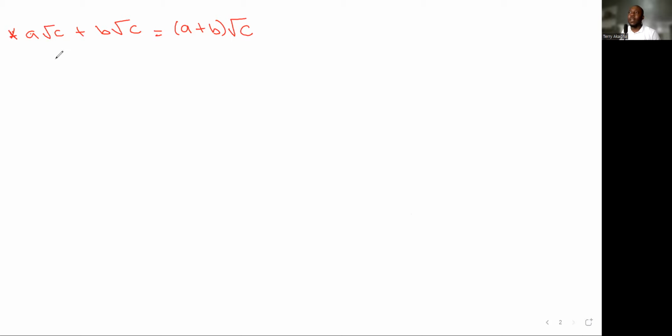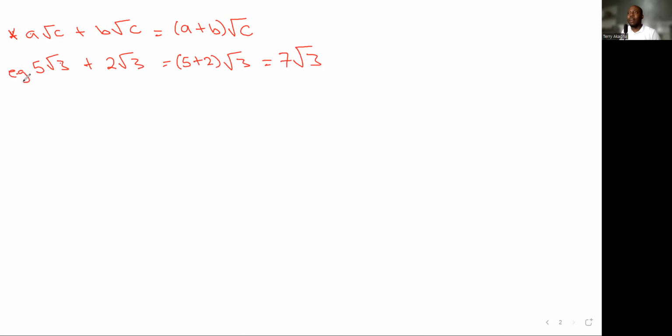If you have something like 5 root 3 plus 2 root 3, the surds are the same. So you're going to have 5 plus 2 root 3, and that will give you 7 root 3.